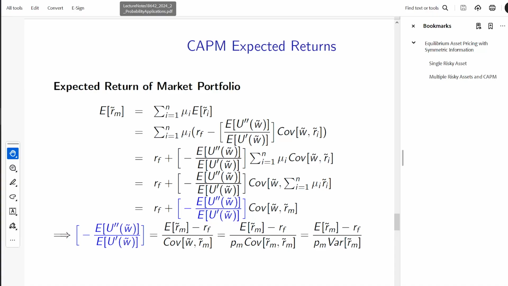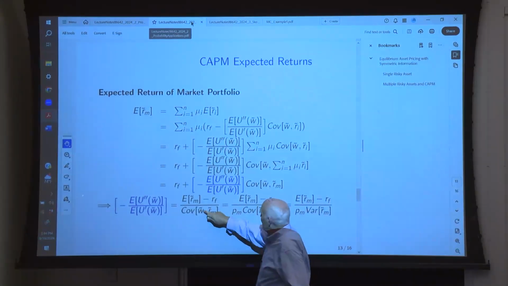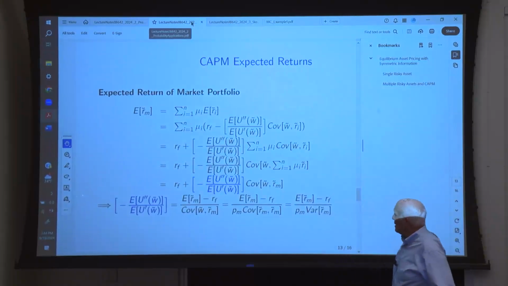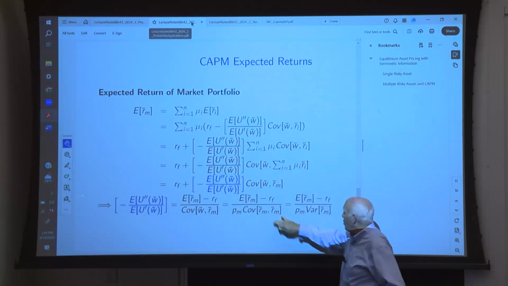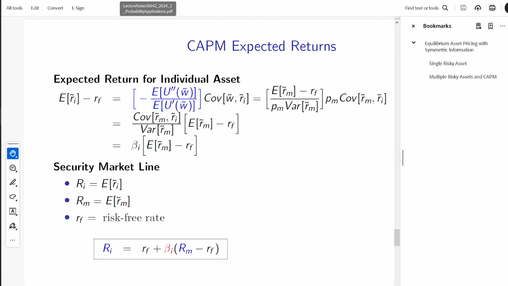And so we end up getting that this covariance of W and Rm ends up being simply PM times the covariance of Rm, or the variance of Rm. And plugging this in, we finally get that the expected returns of different assets are simply a beta factor times the expected return of the market portfolio over the risk-free rate.